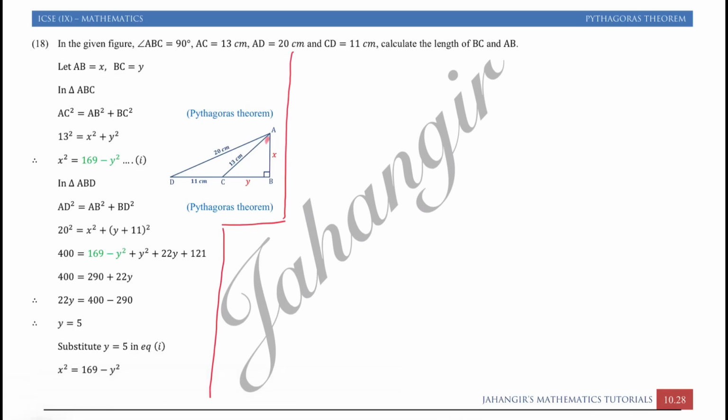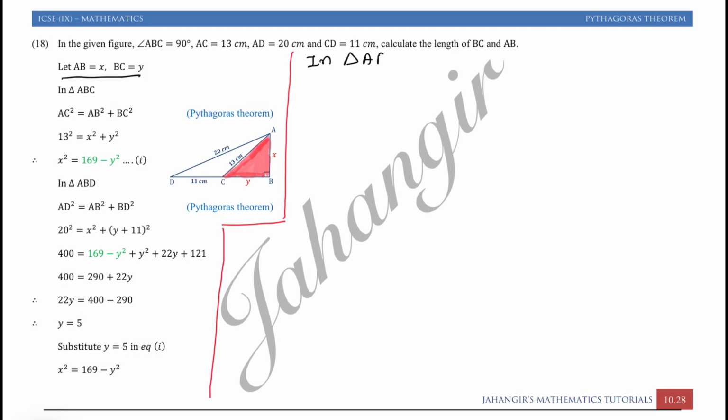So first we will take the small triangle. In that, one side I can keep as X and another side I can keep as Y. I will take this triangle. We can write let AB is equal to X and BC is equal to Y.